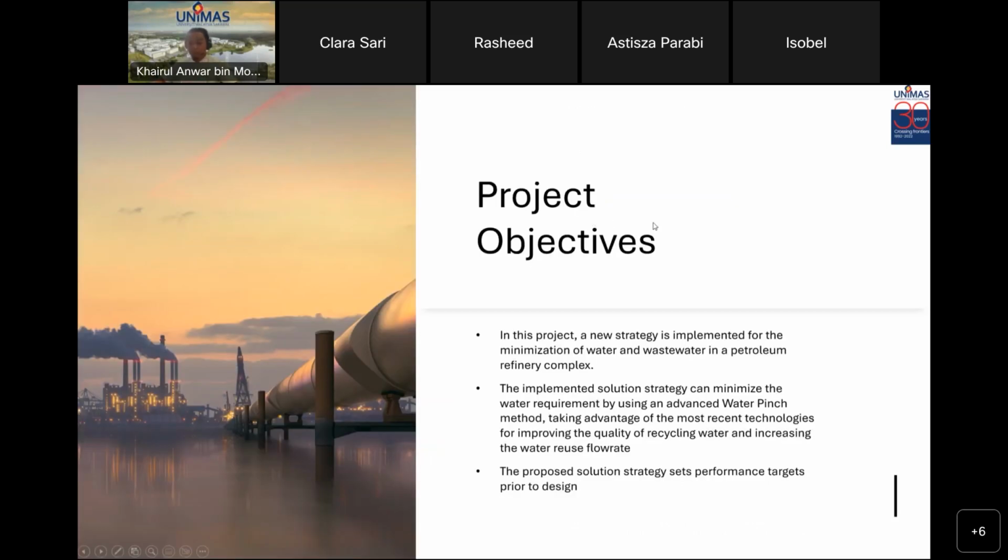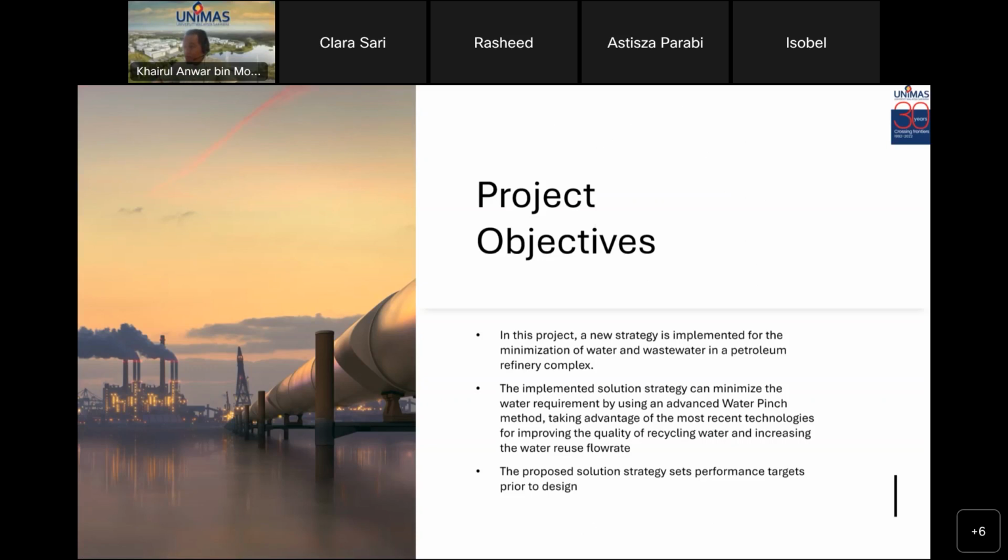Project objective. In this project, a new strategy is implemented for the minimization of water and wastewater in a petroleum refinery complex. The implemented solution strategy can minimize the water requirement by using an advanced water pinch method.